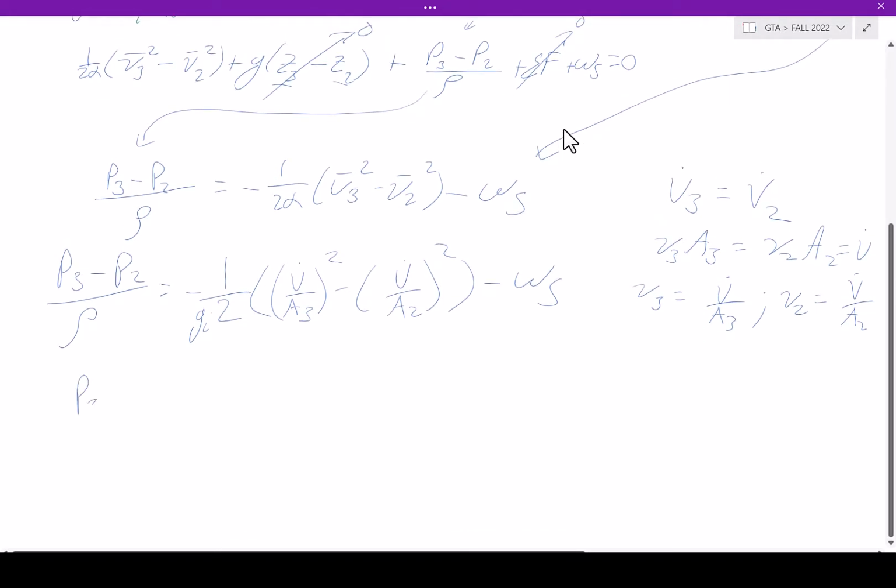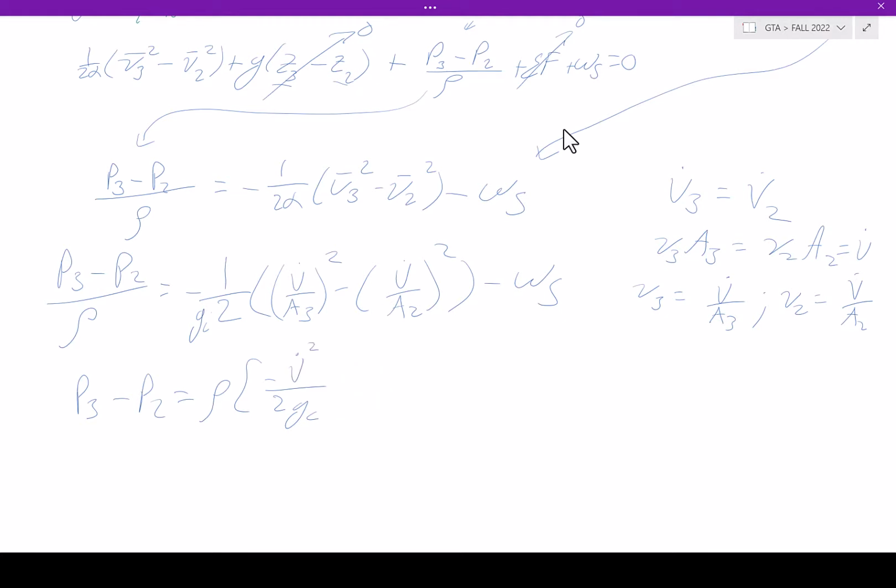So pressure 3 minus pressure 2 is now equal to rho times all this stuff, negative 1 over 2 times, that's just 32.2, the GC, times volumetric flow rate over area 3. I'm actually going to pull these out.